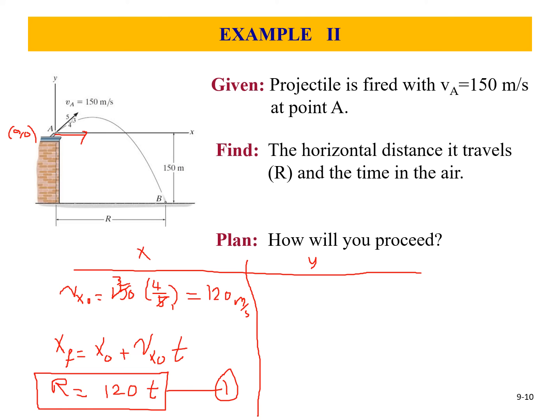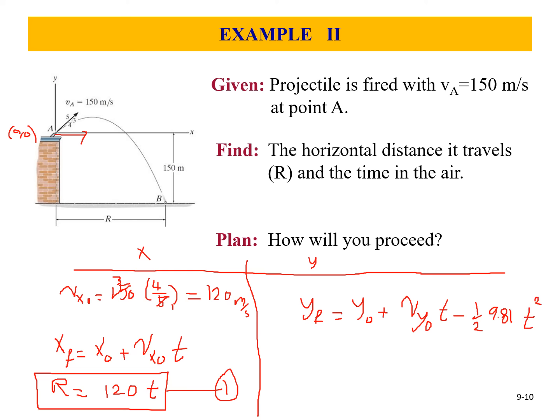Now, how many unknowns do I have? Two. We need to find another equation to solve this. So what did we say in the y-axis? y final equals y initial plus vy0 t minus half 9.81 t squared.